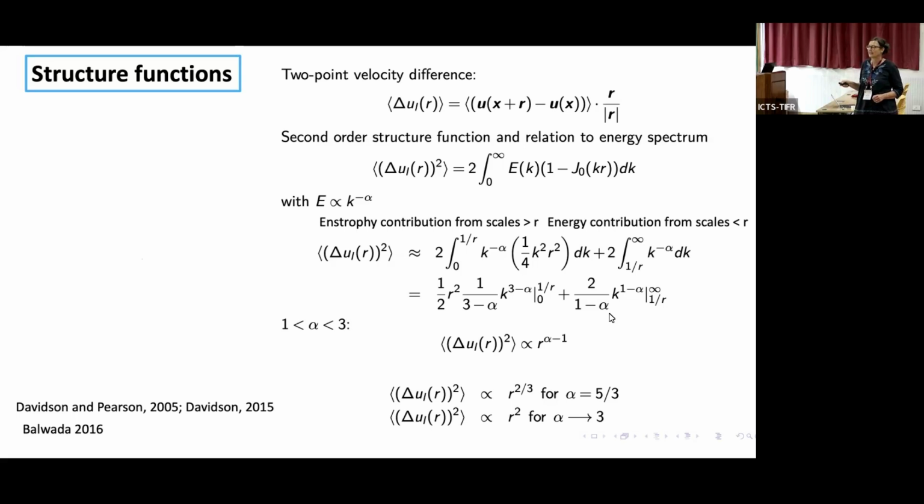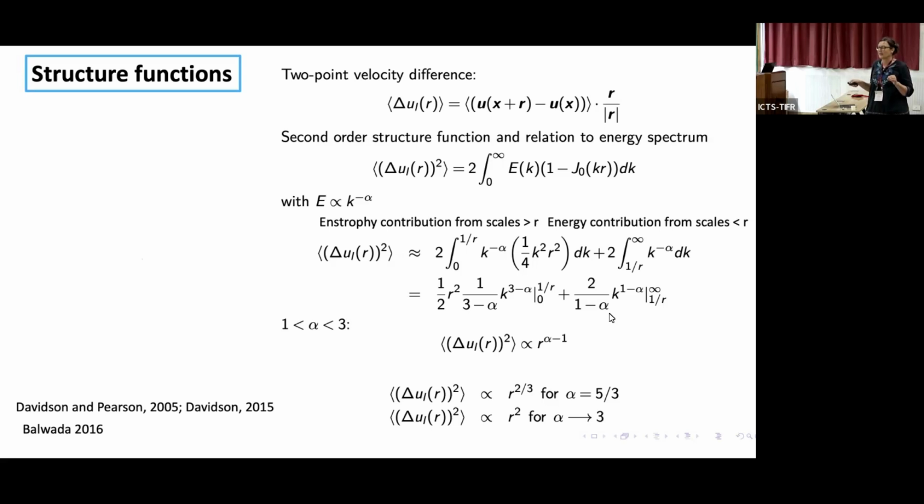If you have an energy spectrum that goes like k to the minus alpha, you can put this in here, and then you get two integrals. You can see that for smaller length scales, the energy contributes to the second order structure function, and for larger scales, it is the enstrophy that contributes.